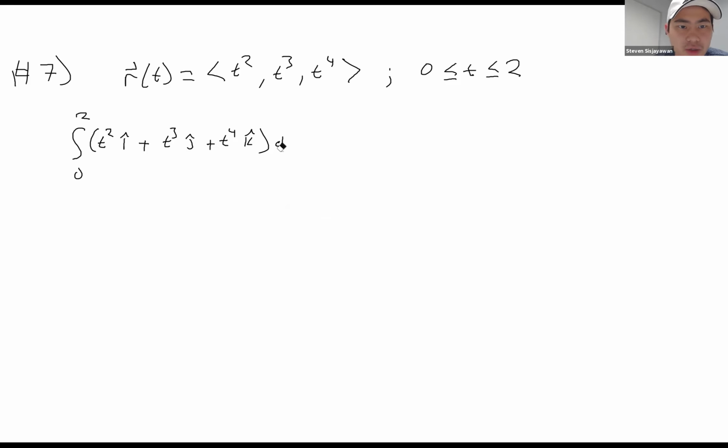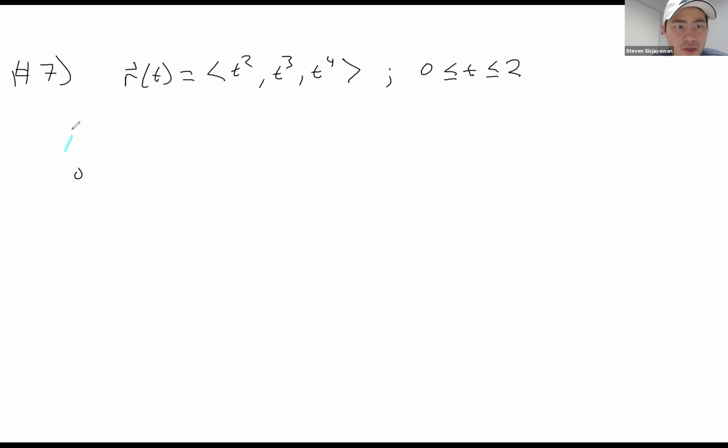What you're actually supposed to do is find the magnitude first before integrating. That's a mistake I made. You want to find the magnitude of r prime t, and it's not r of t. So I'm going to erase the whole thing. That's why it didn't make sense. All right, that makes more sense.